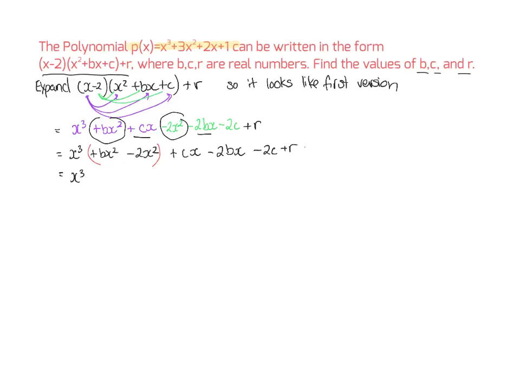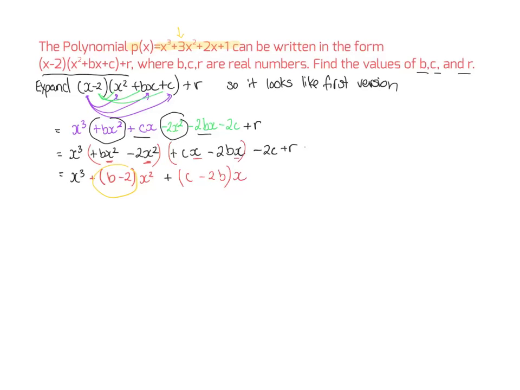Okay, so if you have a look here, I'm just going to group these. If I take out what's common, x squared is common, so if I took out x squared, I would be left with b minus 2. Now you can see this is the coefficient of the squared term, so that is 3. And for the next one, I'll group these two, so x is common, so had I taken x out, I'd be left with c minus 2b.